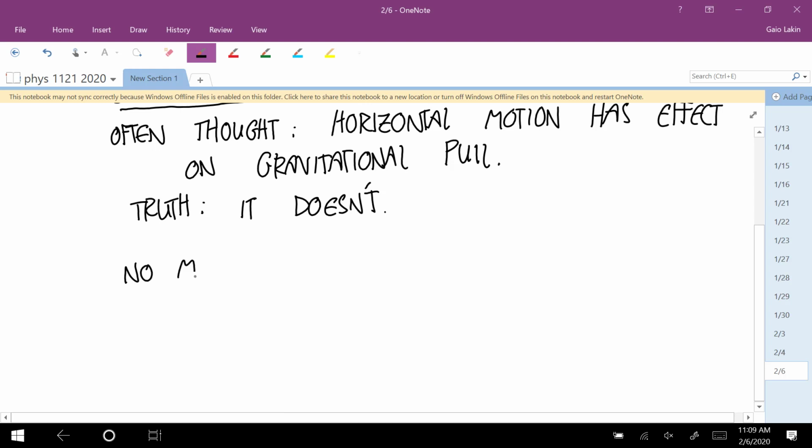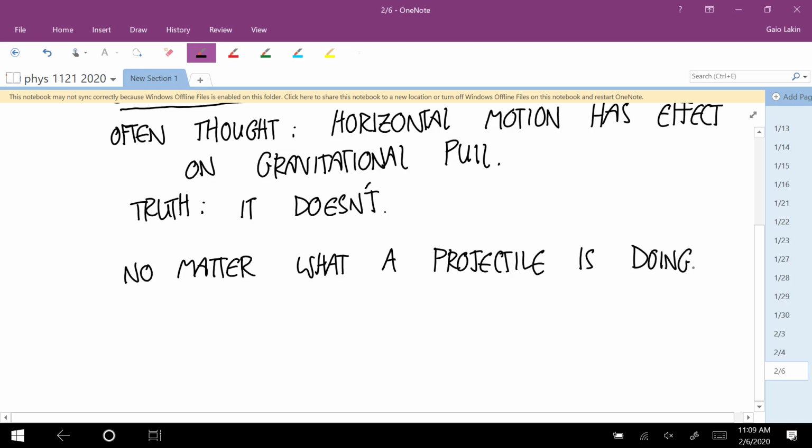So no matter what a projectile is doing, its acceleration is, and we're talking about something in free fall when I say projectile.